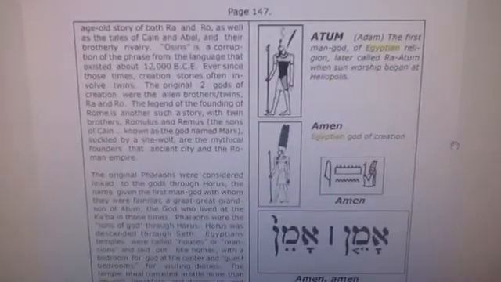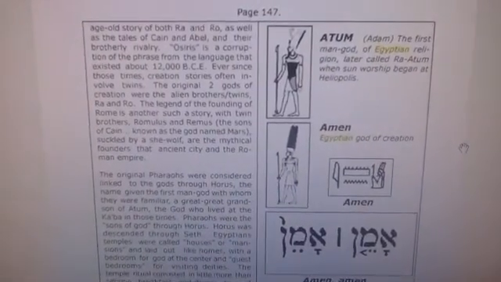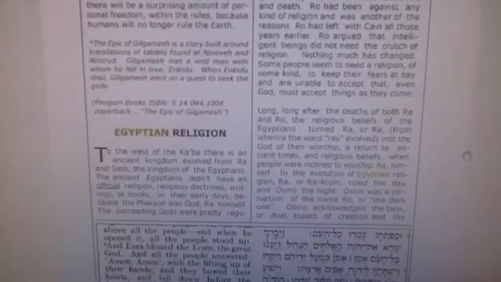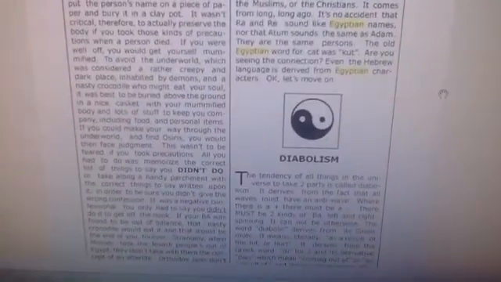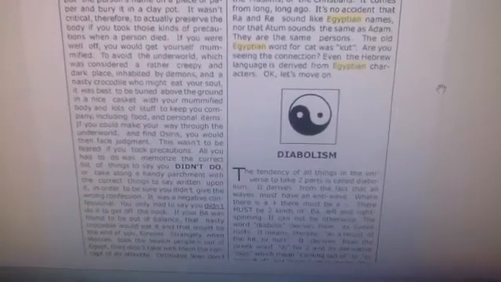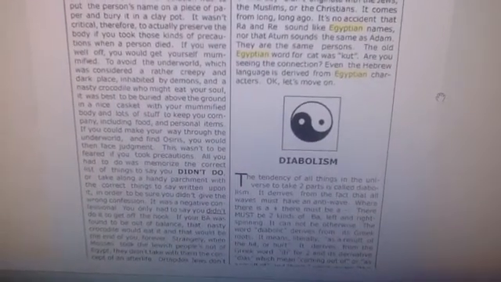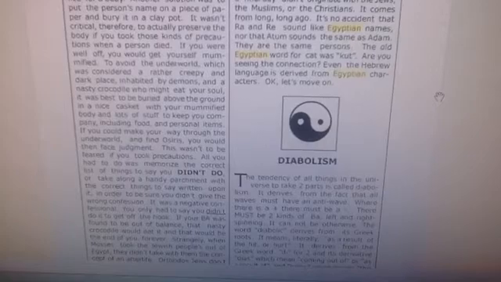Very interesting. And actually, the Egyptians were monotheists. They believed in one God, and He was God of all things.